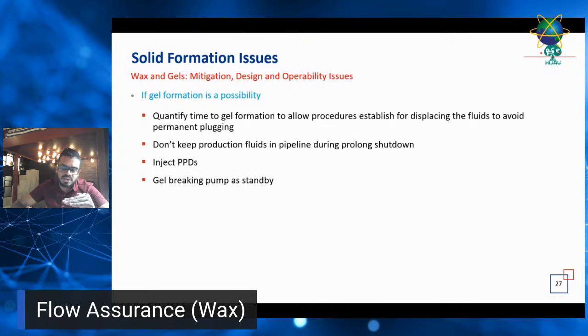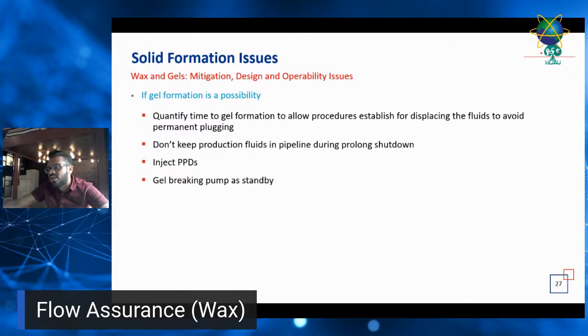Once it cools down, and before it reaches the pour point, we need to displace the fluid in your flow line. Or else, if it remains in your flow line, it will gel up the whole section of your flow line.